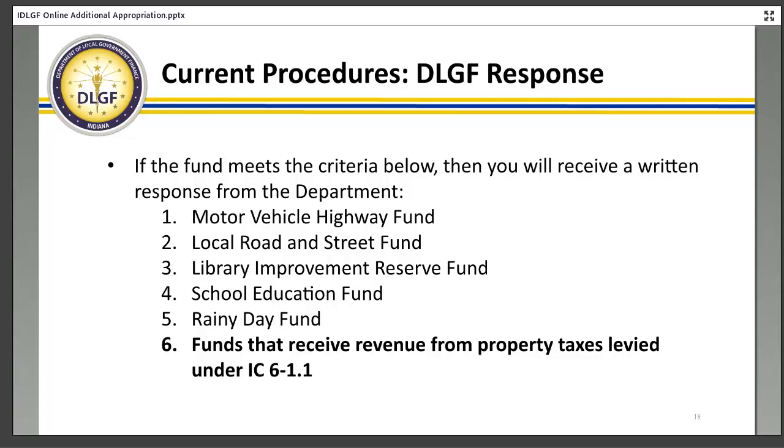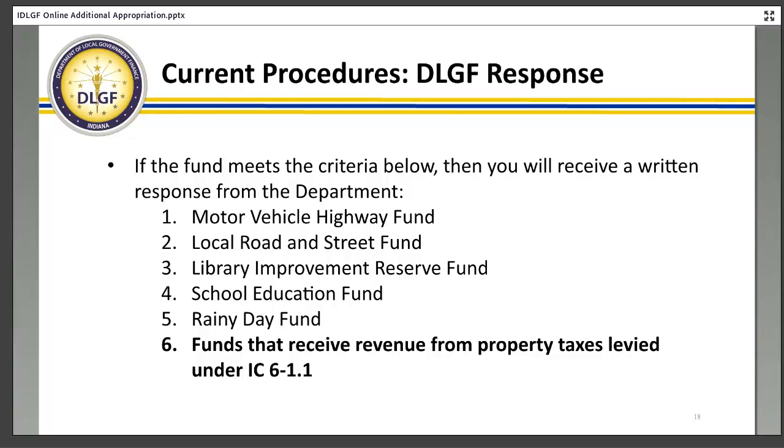And so the Motor Vehicle Highway Fund, or the Highway Fund, the Local Road and Street Fund, the Library Improvement Reserve Fund, or sometimes referred to as the LIRF, School Education or Rainy Day Fund, or the catch-all category of any fund that they could have property taxes pledged to it.